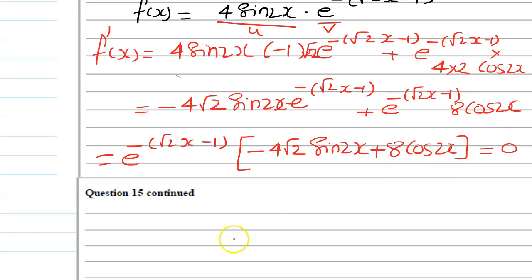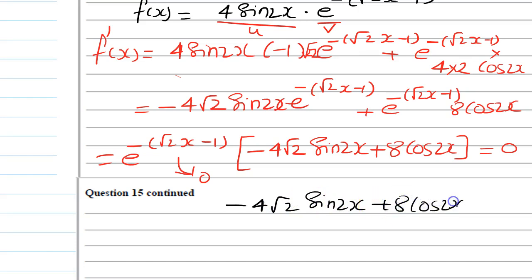If it is equal to 0, then the exponential part is going to be 0 on the other side, and we are left with minus 4 root 2 sin 2x plus 8 cos 2x equal to 0.